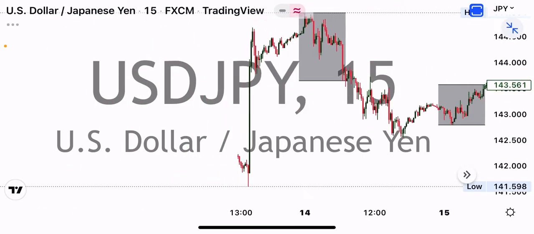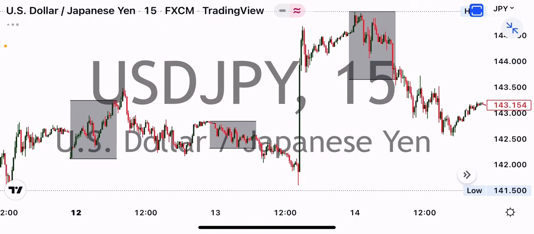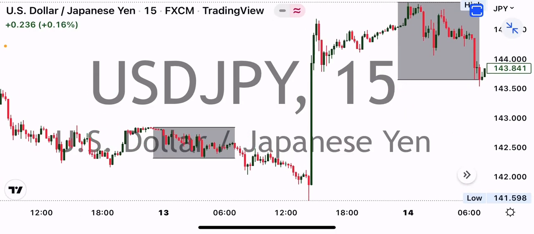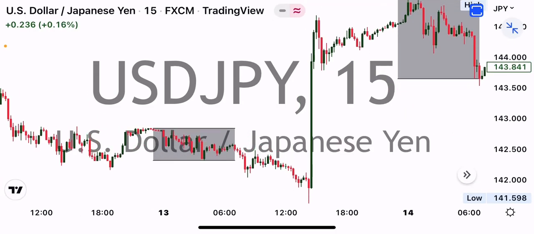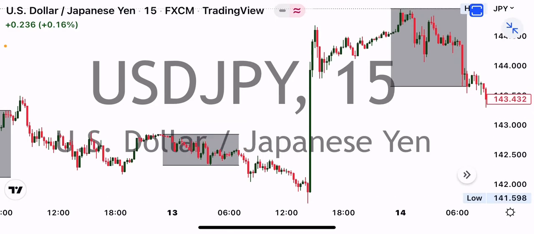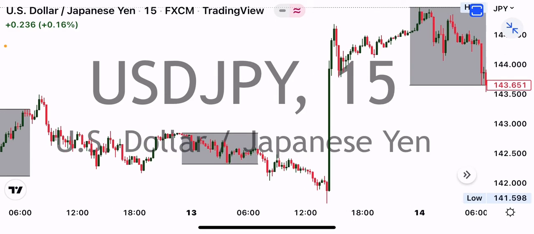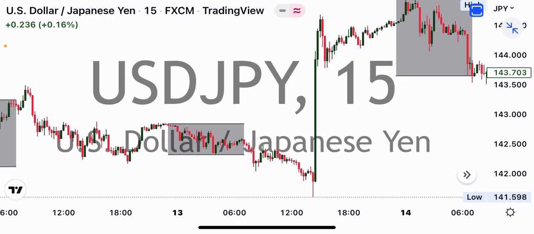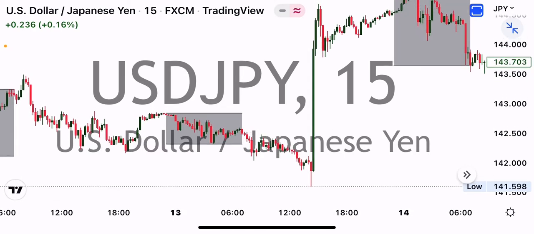Let's go back, scrolling. You can see here's another pattern. You can see this is obviously fundamentals. You can see, look what happened. This is a nice beautiful pattern. You can see we had an accumulation zone, and then after the accumulation zone we had three pushes to the downside. Look at those pins.